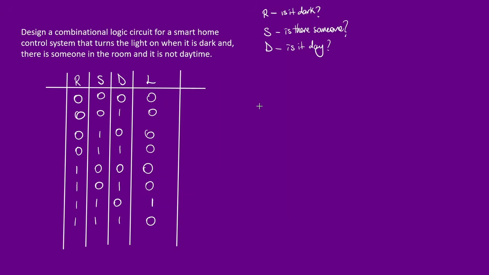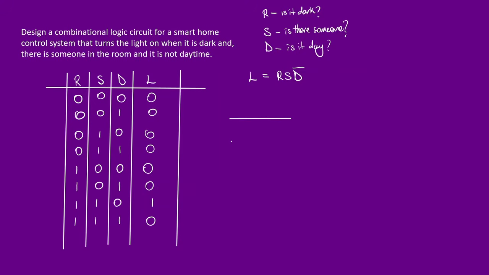Getting into the combinational logic circuits, recall we have to write out the expression for every term where our output is high. So L is going to be R, S, not D. Cool, because we have 1, 1, 0. Join this.